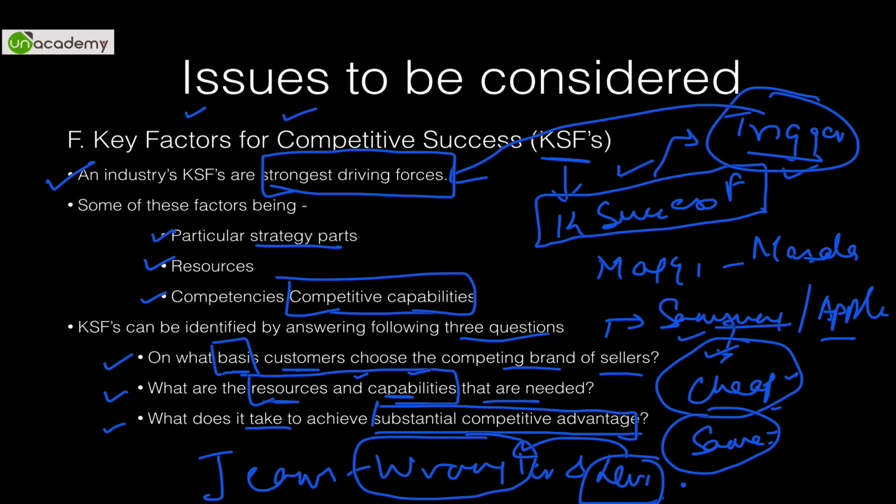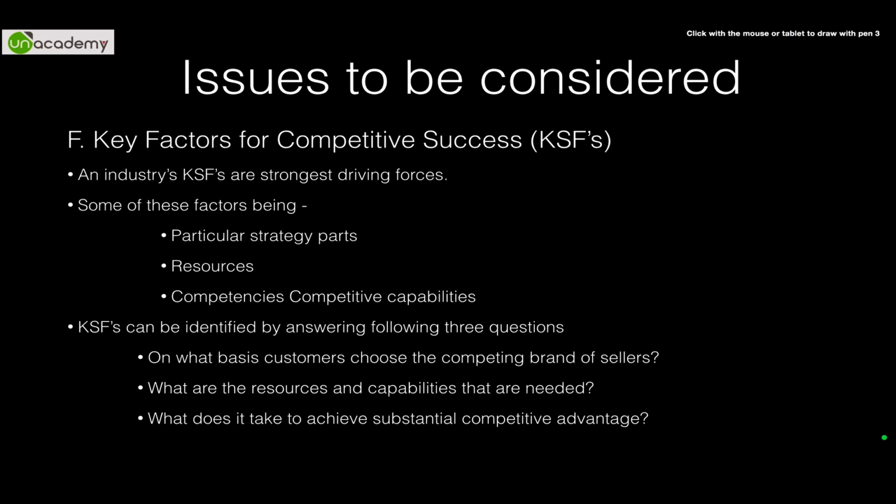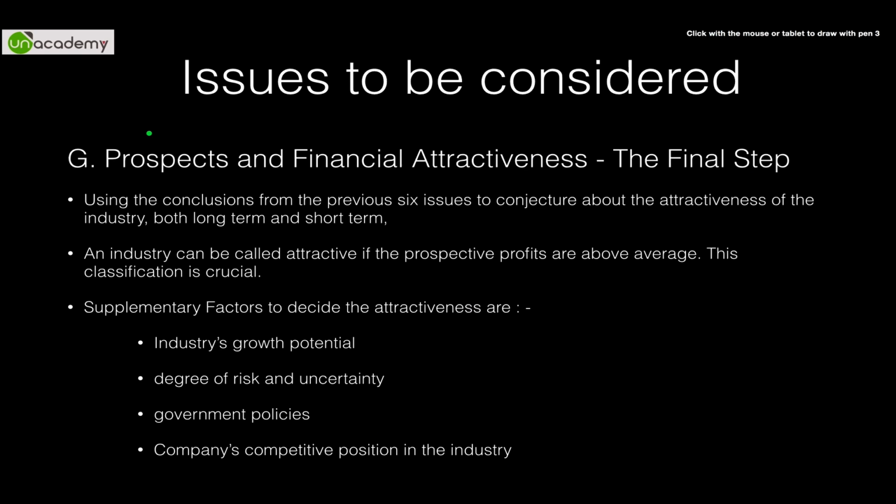So that will give them the competitive advantage of having their own brand name, Levi's, and also offering at the price of Wrangler, which is a little cheap, or it may start giving discounts. So this will be the key success factor. Now coming to the last issue to be considered, which is the prospects and financial attractiveness.